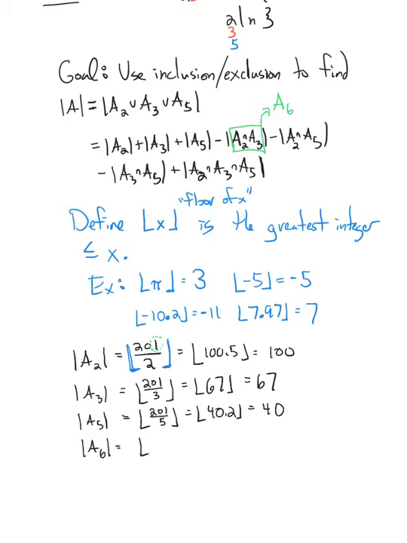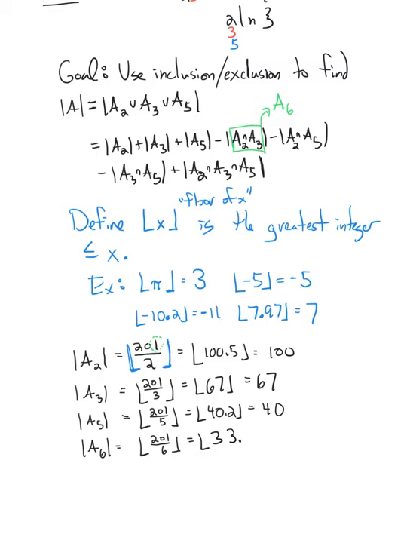So again, 201 divided by 6. And you can check with the calculator. That is 30, carry your 2, 33 point something.